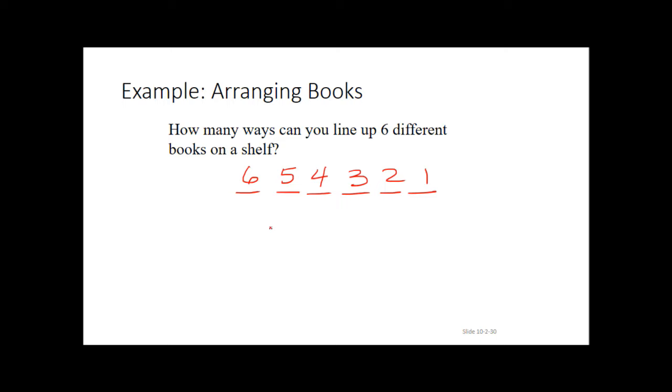Only 1 book left at the end once we've arranged the other 5, right? But if you remember, oh yeah, when I have 6 objects in 6 positions, when I'm just arranging them all, it's factorial, then you can do it really quick on your calculator. So this one would turn out to be 720. So check to make sure you can find 6 factorial on your calculator.